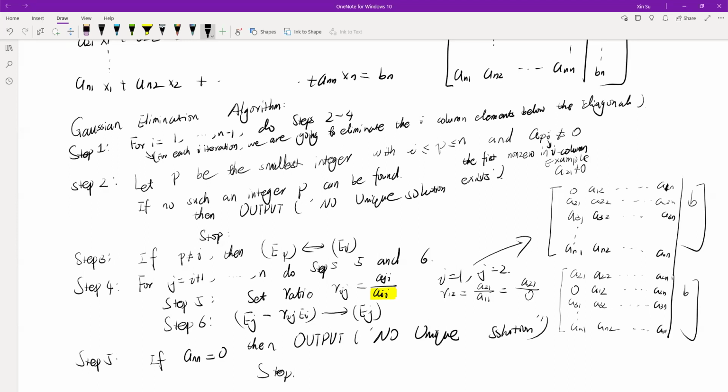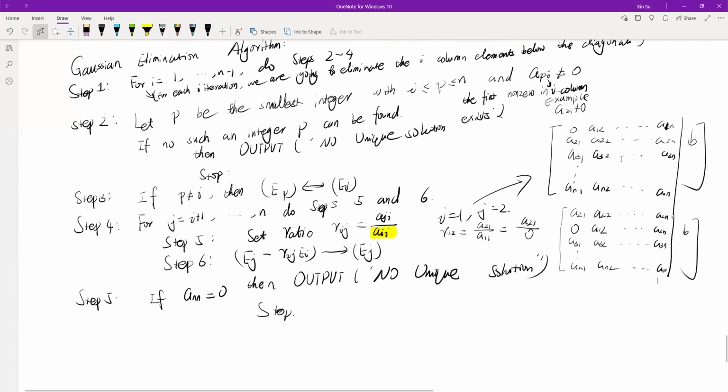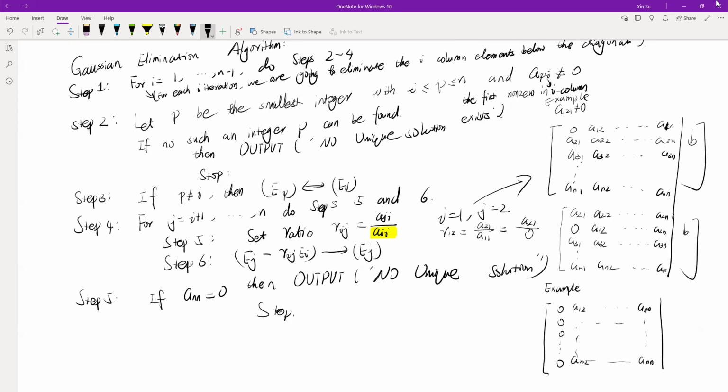For example, in iteration 1, the exception in step 2 is like this: you would have all 0 in the first column, because you cannot find a non-zero element there, then A12, A1n, AN2, ANN.